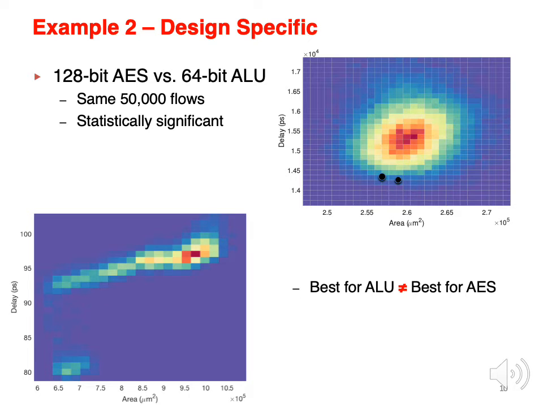And more importantly, we take two of the best performing flows for the arithmetic unit and we apply them to the AES to see how they perform. It turns out these 2 points perform pretty badly for a different design, which is the AES. So in summary, the design flows have to be carefully developed for different circuit structures. Unfortunately, between different circuit structures, it is very hard to forecast using the same model.